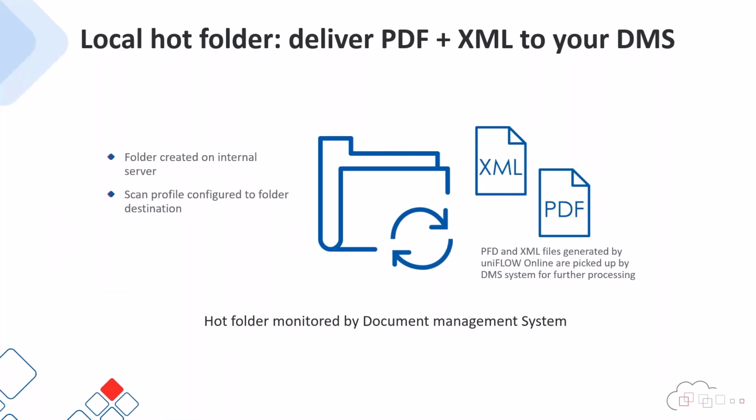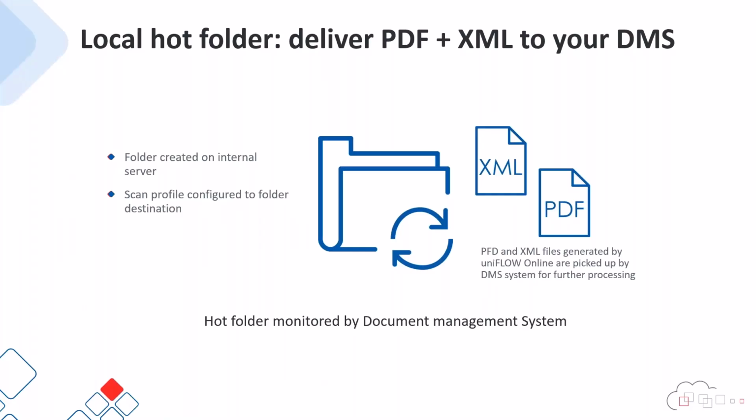The Uniflow local server management agent is installed within the local company network to securely deliver scanned documents such as PDFs with their associated XML metadata file to a predefined folder on the local server, ensuring data security within the company's network.